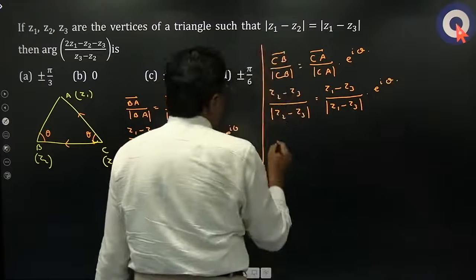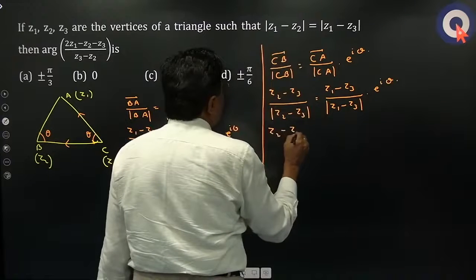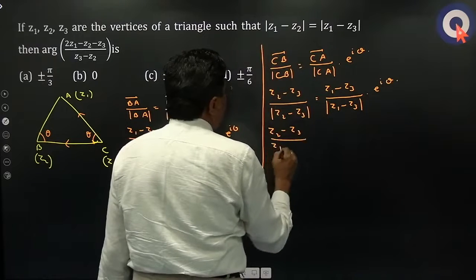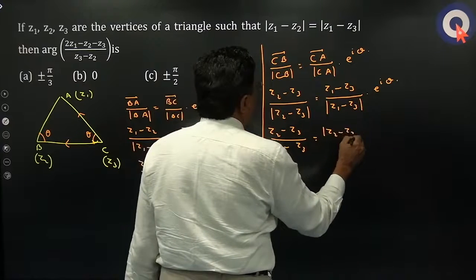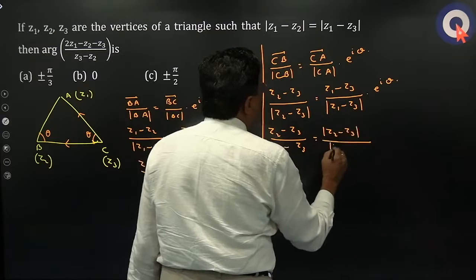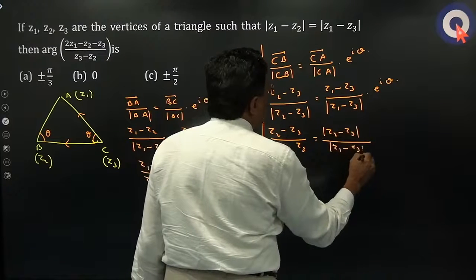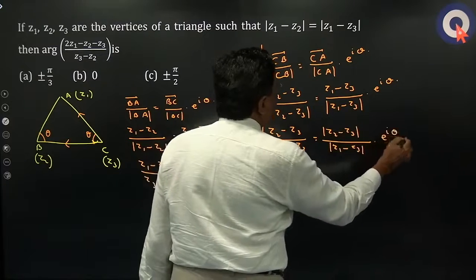So this becomes Z2 minus Z3 by Z1 minus Z3 is equal to mod Z2 minus Z3 by mod Z1 minus Z3 into e power I theta.